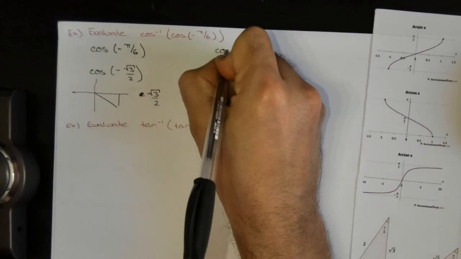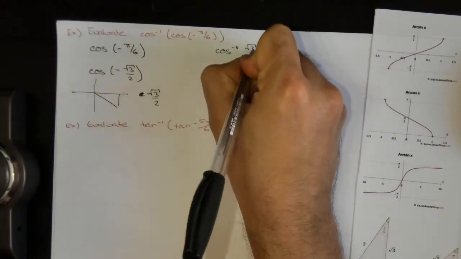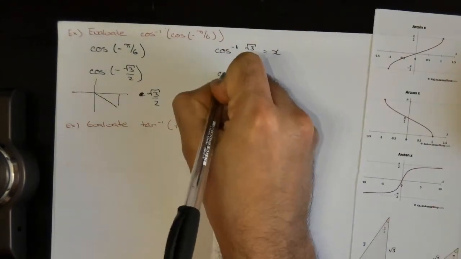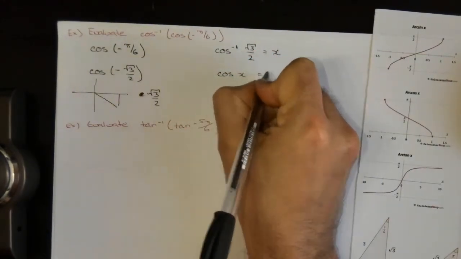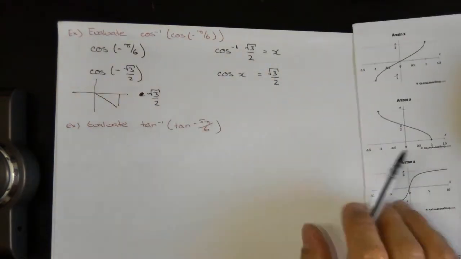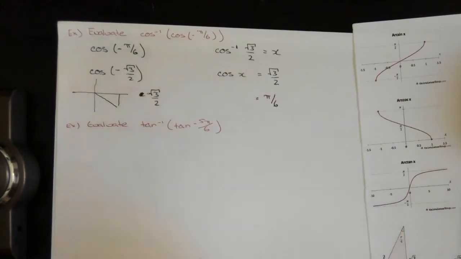So inverse cos of square root 3 over 2, let's say that equals x. So we want to find what x is where cos of x is square root 3 over 2. And we know that to be pi on 6. And that's the answer.